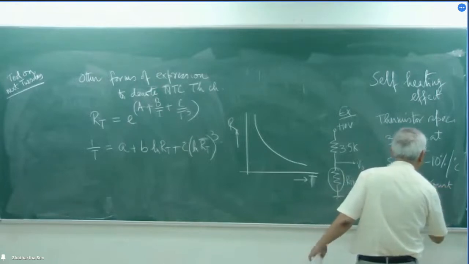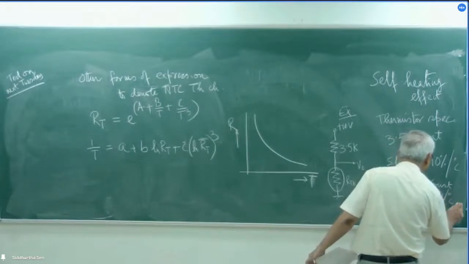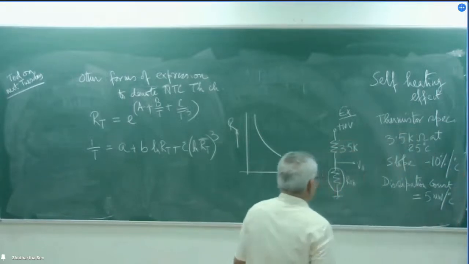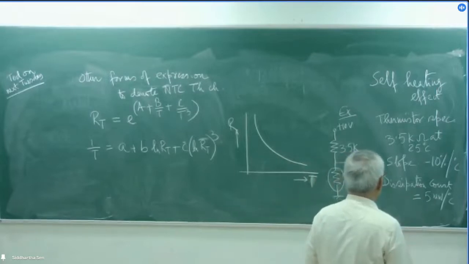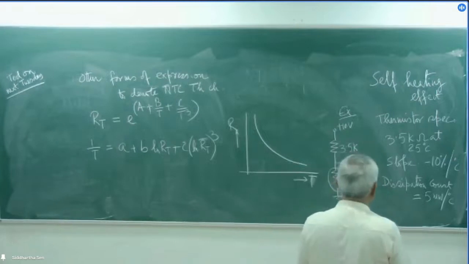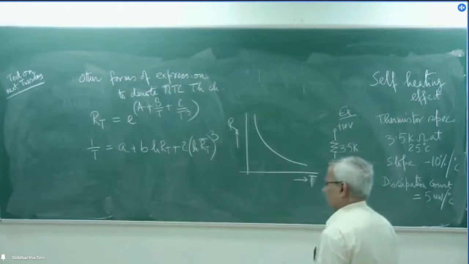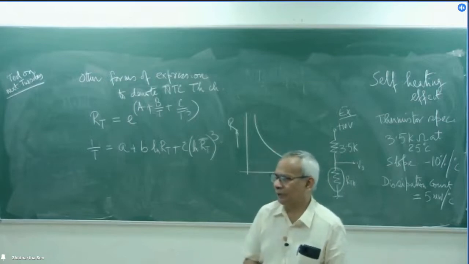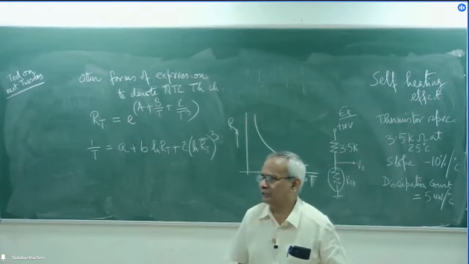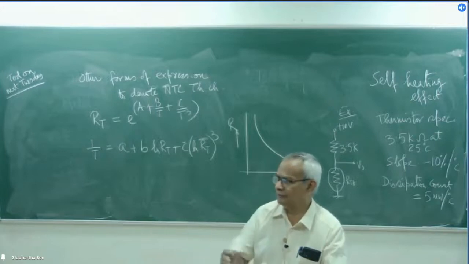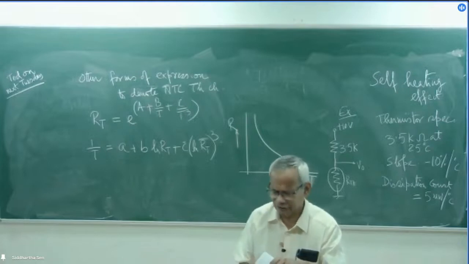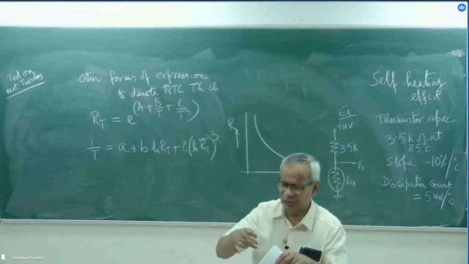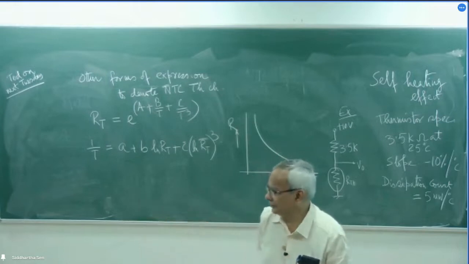constant is equal to 5 milliwatt per degree Celsius. That means that if the temperature of the thermistor increases by 1 degree Celsius, its dissipation power also increases, because the dissipation power depends upon the heat transfer coefficient, and also the temperature difference between the thermistor and the ambient temperature.